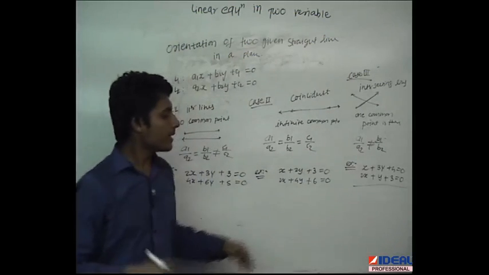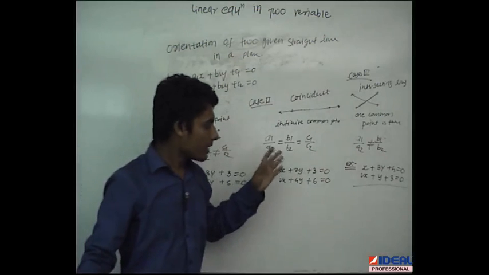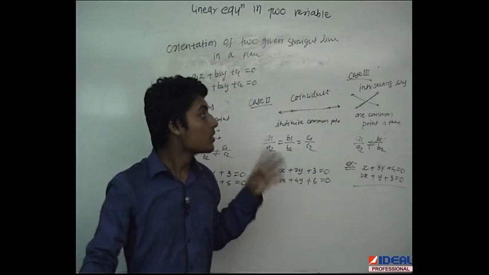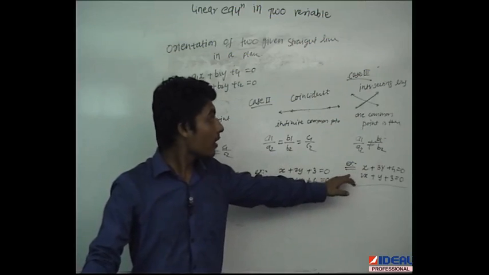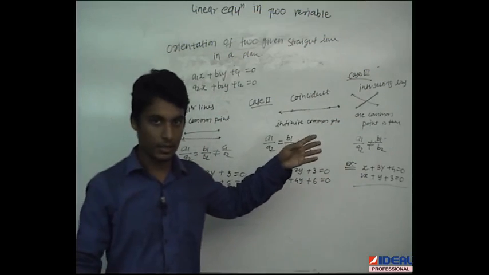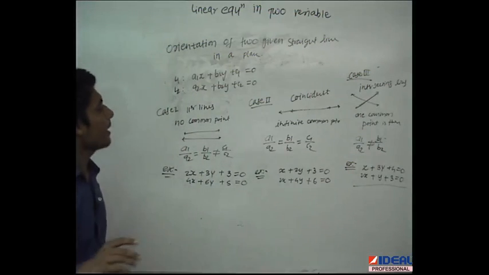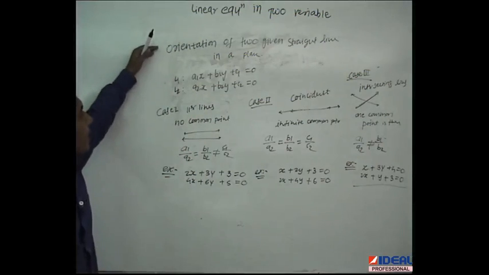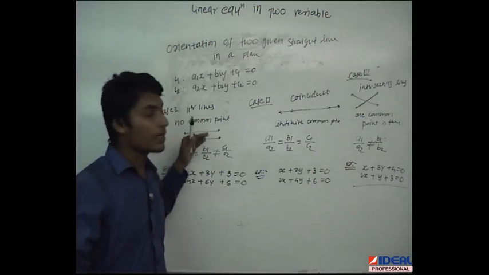So see, in this example, the ratio of coefficient of the first variable is not equal to the ratio of coefficient of the second variable. So in this example we can call it intersecting lines. Okay, so these are intersecting lines. So this is the orientation of two given straight lines in a plane.